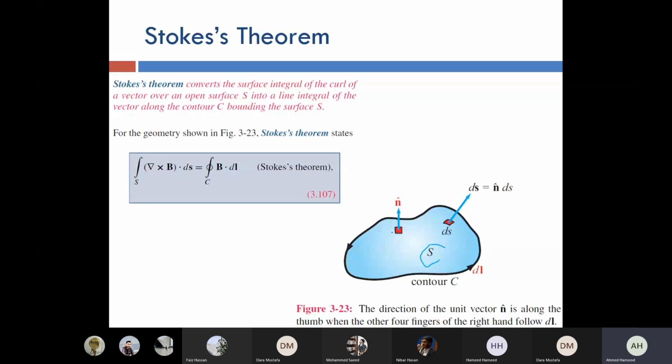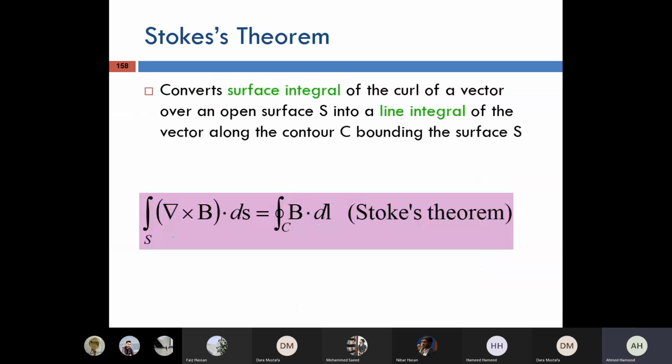So it will be identifying the vector along the C surface here, for example, which could be equal to what? Delta cross B, and we have integration. So at the beginning you have to find this delta cross B, then you put the integration part. We call it Stokes theorem. Very simple if you use this one.